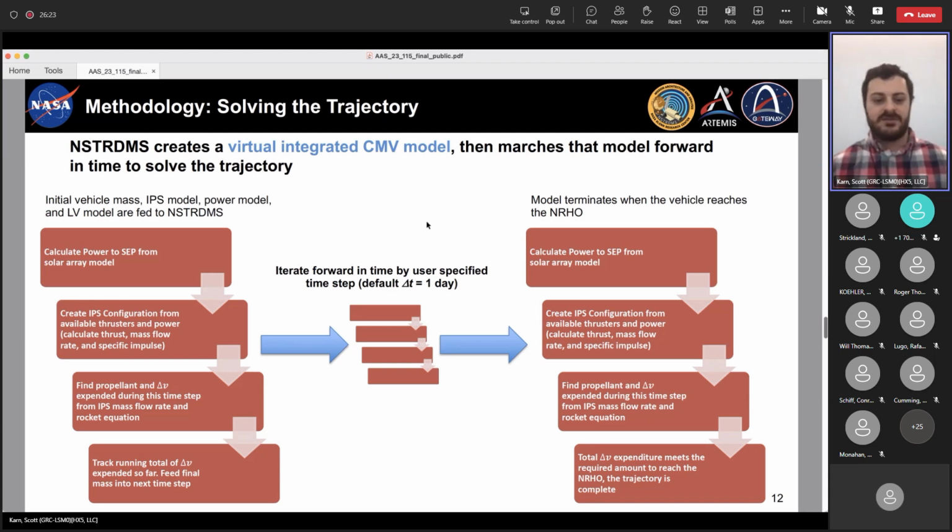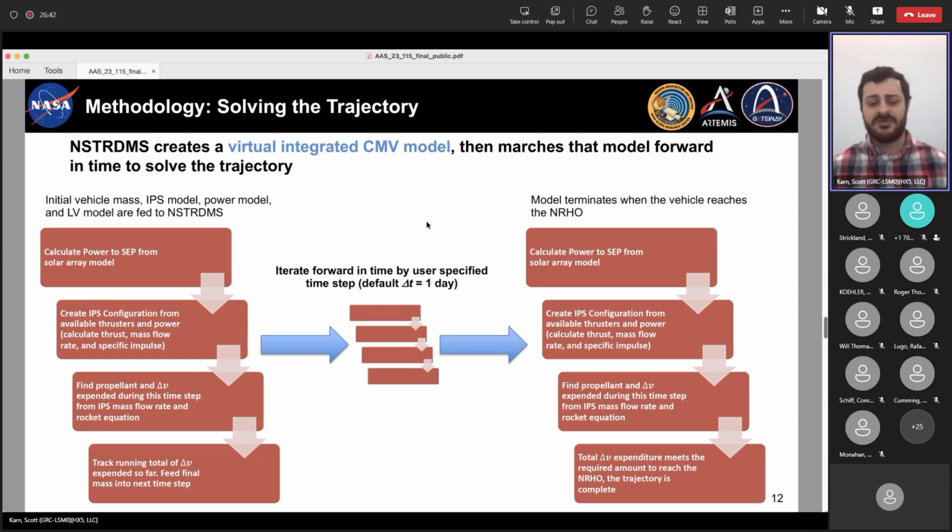Then it's a relatively easy calculation to determine time times mass flow rate of your thruster configuration to get a propellant expended for a given time step. And then that just gets fed into a rocket equation calculation to get the amount of delta V that you've output in a given day.